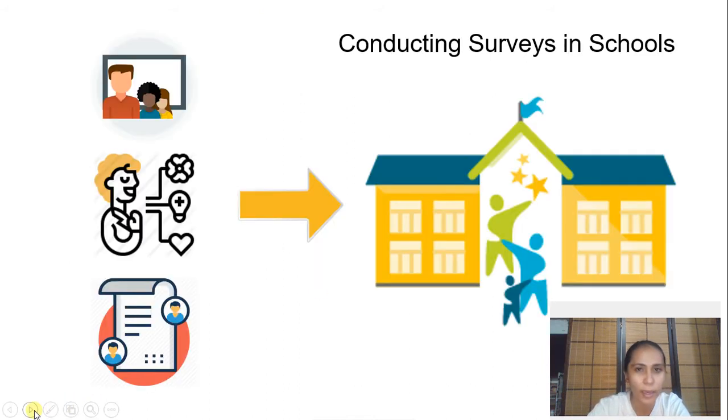Next, when we talk about conducting surveys in schools, there are basically three purposes. First, we conduct surveys in schools because we want to know teacher effectiveness. That's usually, di ba, in the university or in the private schools or even now in the public schools, we send out evaluation forms to students to evaluate teacher effectiveness.